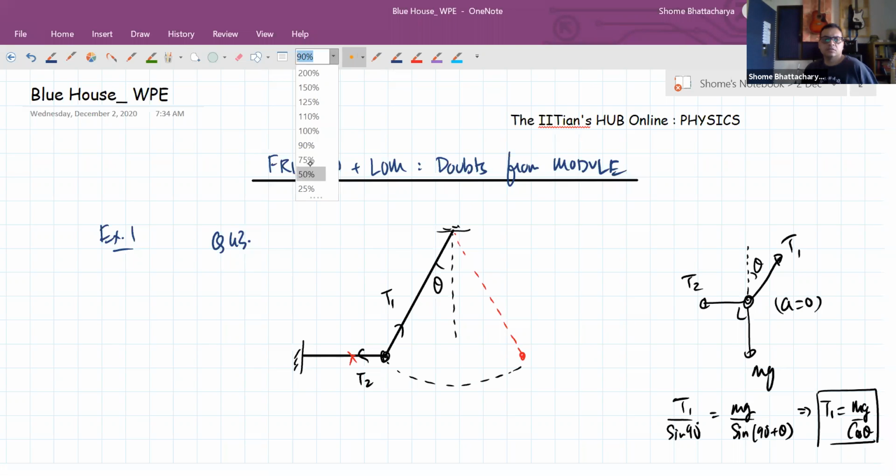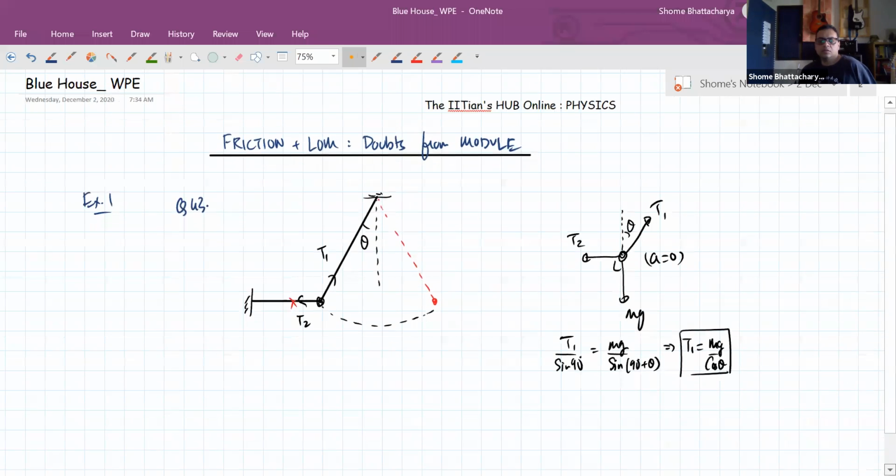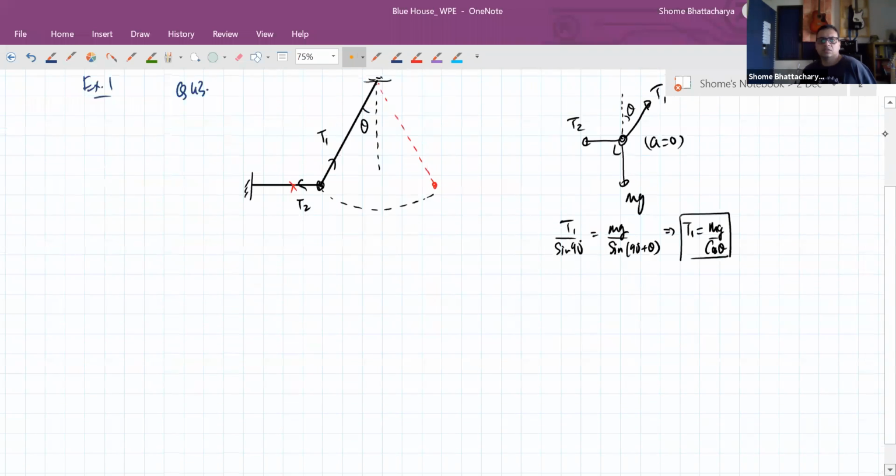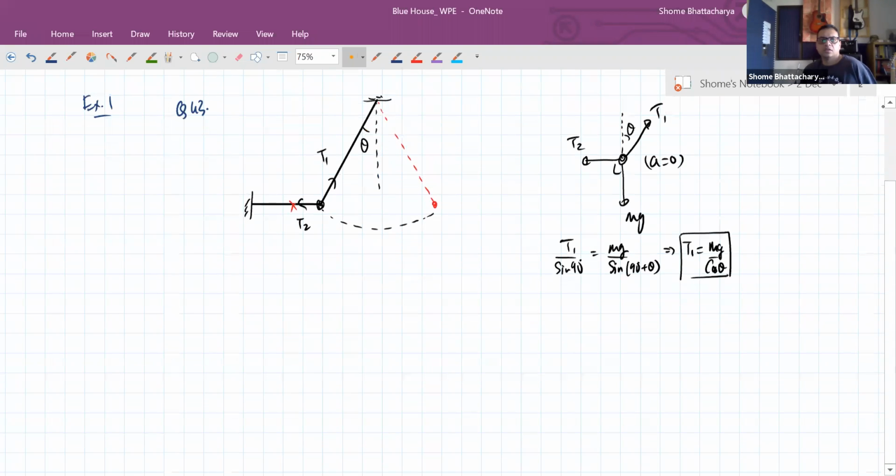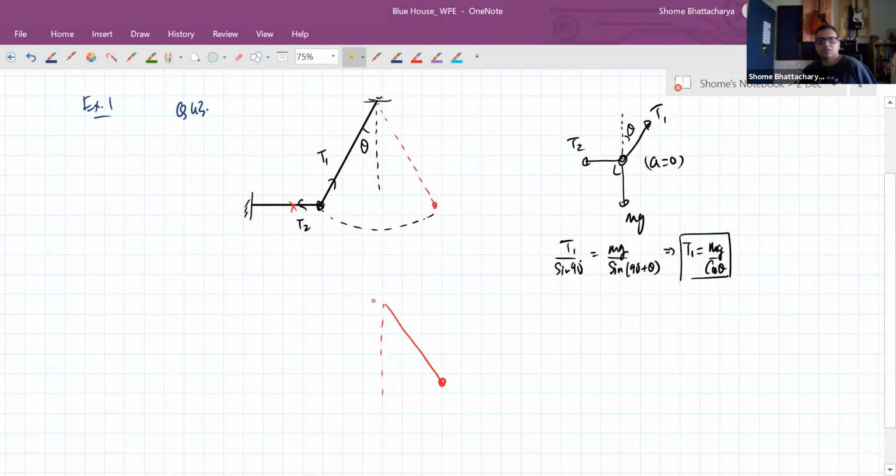Now later, when you cut the thread, the system goes into oscillation. So in oscillation, when it reaches this point, this is in circular motion. So at this point of time, it does not have zero acceleration, it has tangential acceleration. But because its velocity is zero, it's at the extreme position, so centripetal acceleration will be zero.